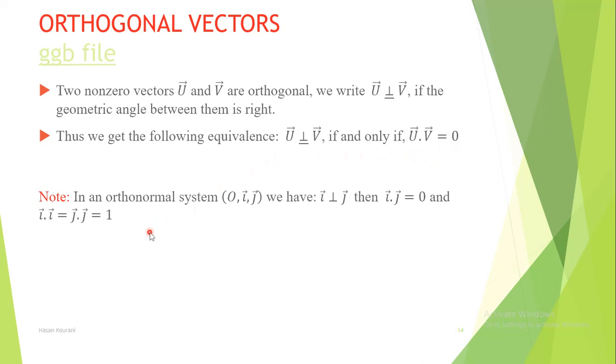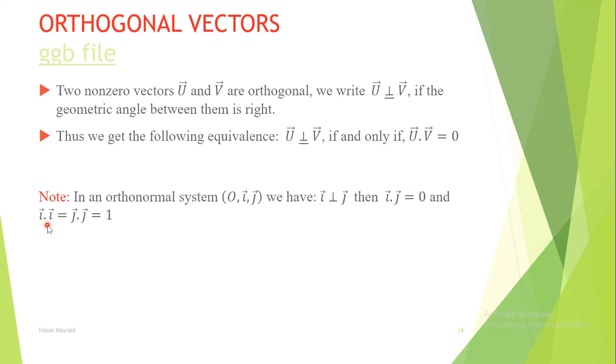Now, note that in an orthonormal system O, i, j, the vectors i and j are orthogonal. For this reason, we can directly say that i dot j is equal to 0, and i dot i is in fact magnitude of i square.